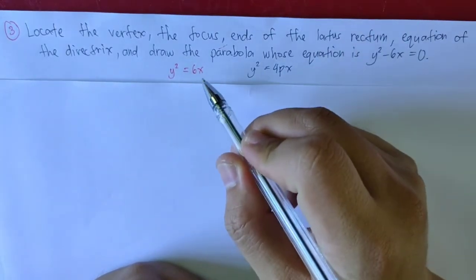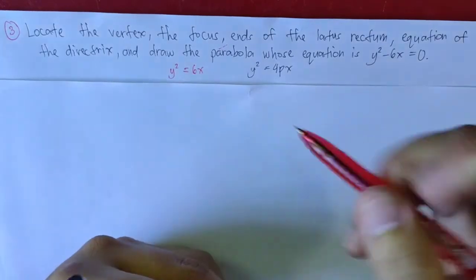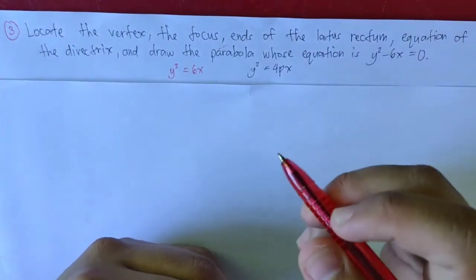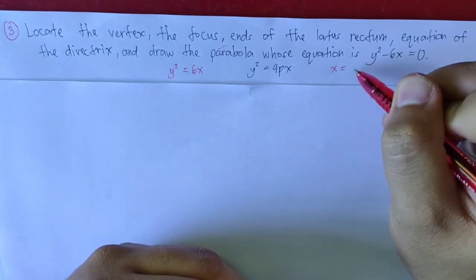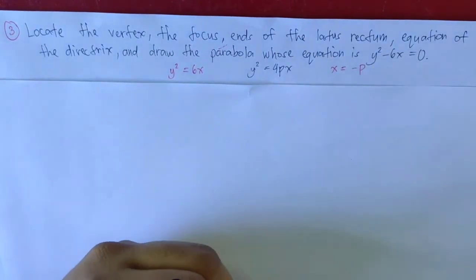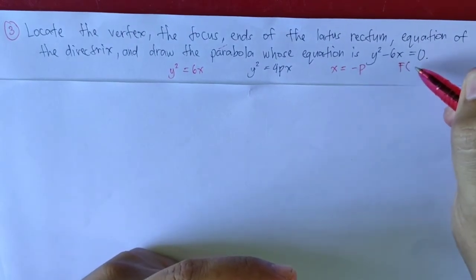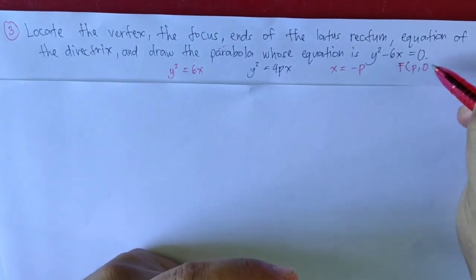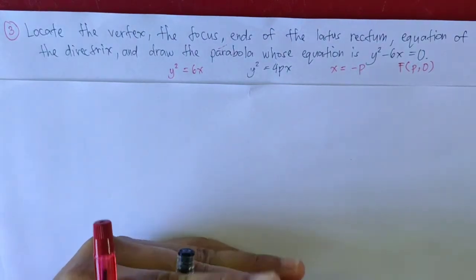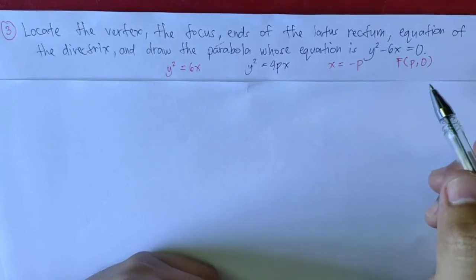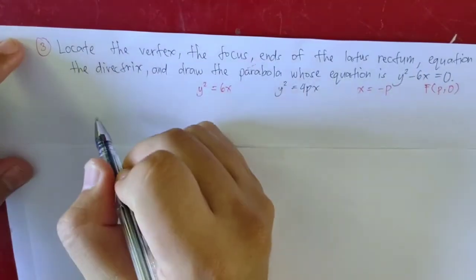So ang katulad ng equation is yung y squared equals 4px. With this equation, ang directrix niya ay x equals negative p, and ang focus niya ay F at (p, 0). So ang gagawin natin is find p. Para hanapin yung p gamit yung 4p natin, ito ako magsulat.